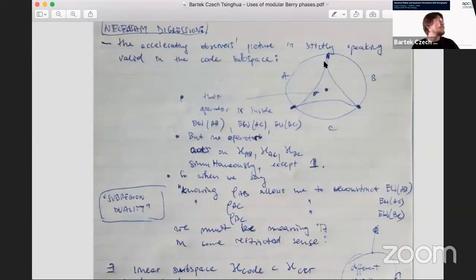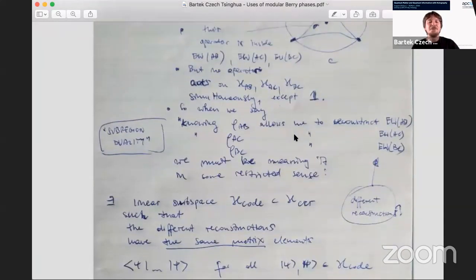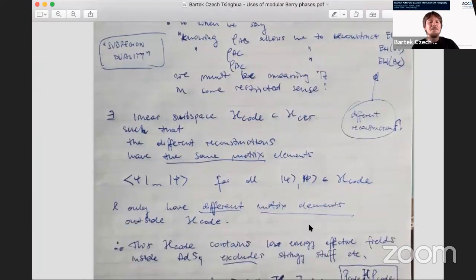But right. Whatever breaks the factorization has to be a pretty subtle effect, because to the extent to which we can use low energy effective field theory in the bulk of AdS, if that field theory doesn't have gauge fields, and I don't think that we are forced to consider gauge fields, then such a Hilbert space really would factorize.